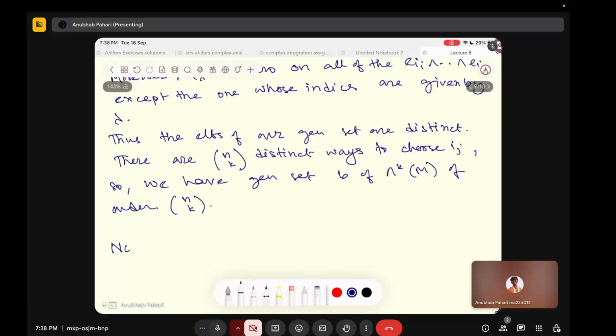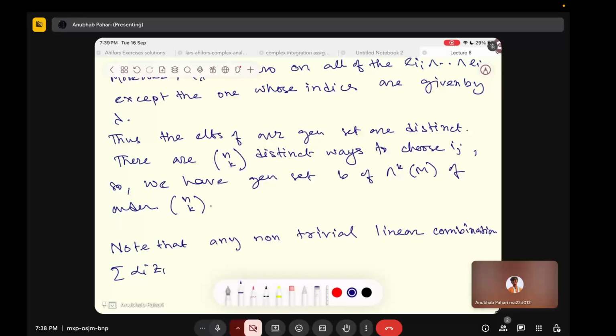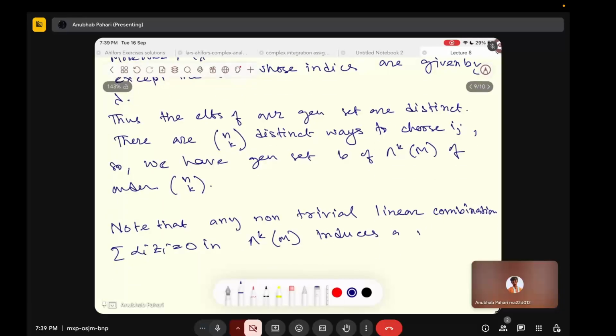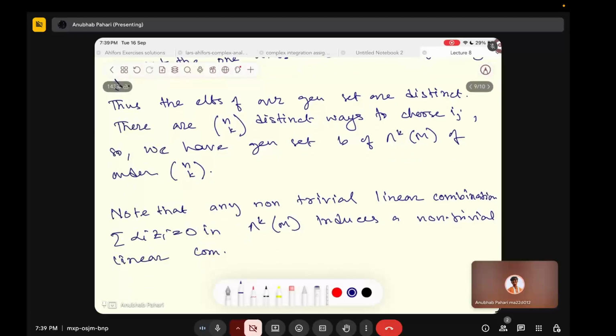Note that any non-trivial linear combination in the free basis on the tensor power.